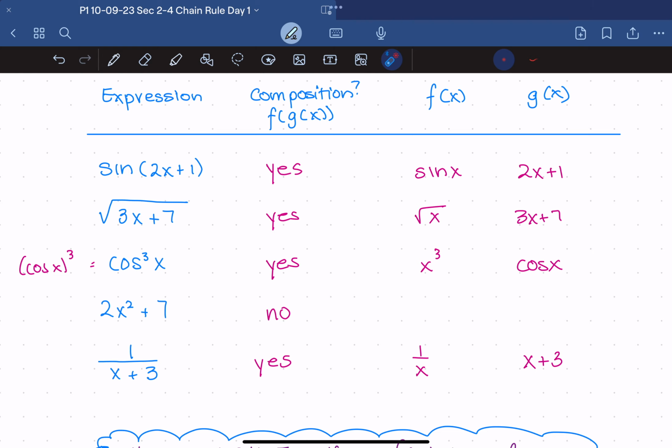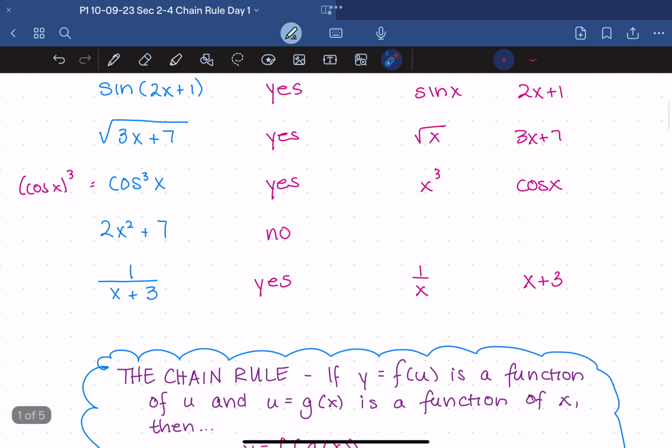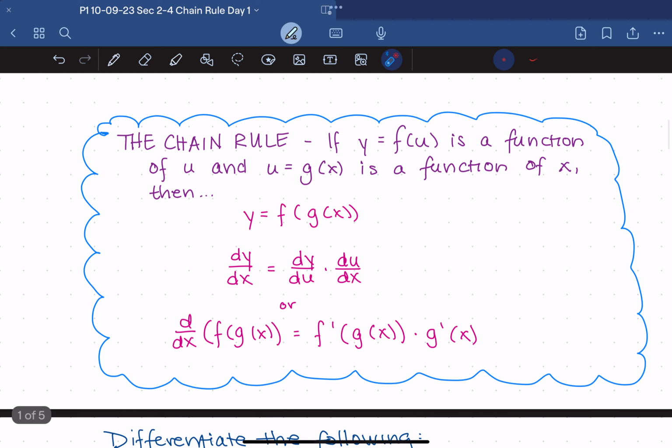So what is the chain rule? It's going to sound weird at first, but you get used to it, you really do. If y equals f of u, I always love that books use fu, if y equals f of u is a function of u, and u is a function of x, then first of all, we can rewrite y like this.